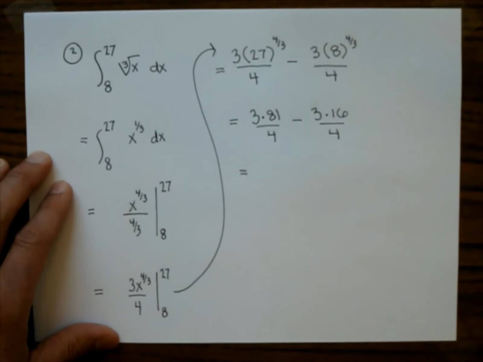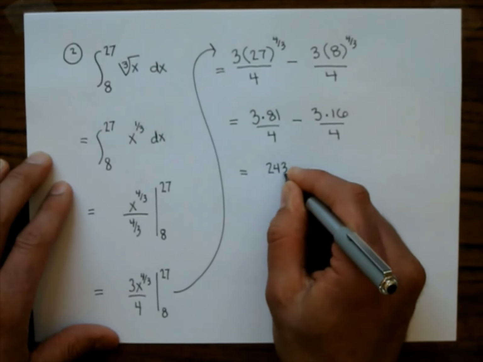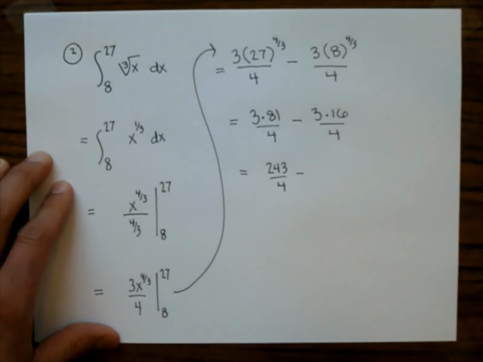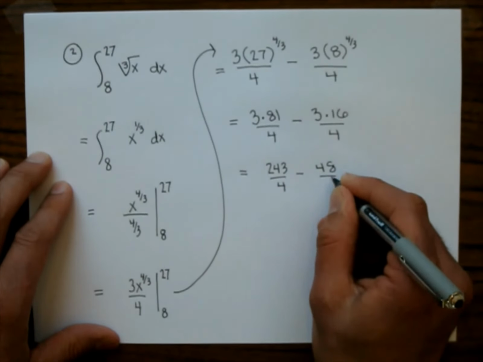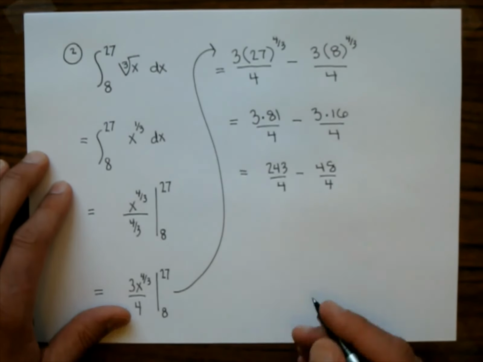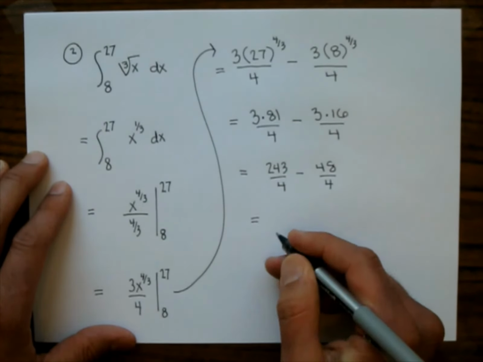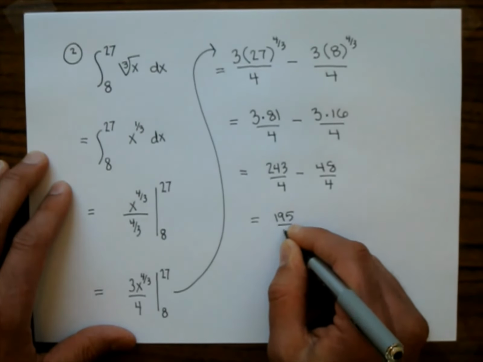So then we do the calculation of 81 times 3. I'm getting 243 over 4 minus 16 times 3. That's 48 over 4. Now they all have the same denominator, and so what I can do is go 243 minus 48. That gets me 195 all over 4.